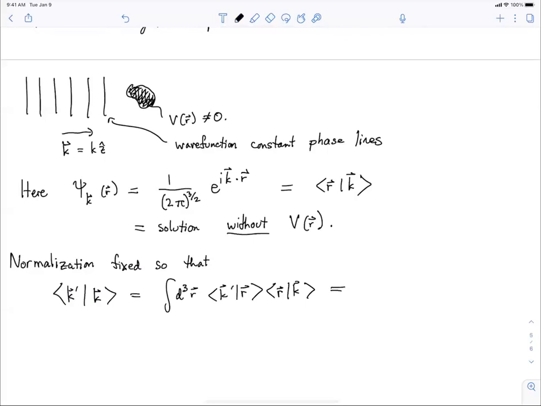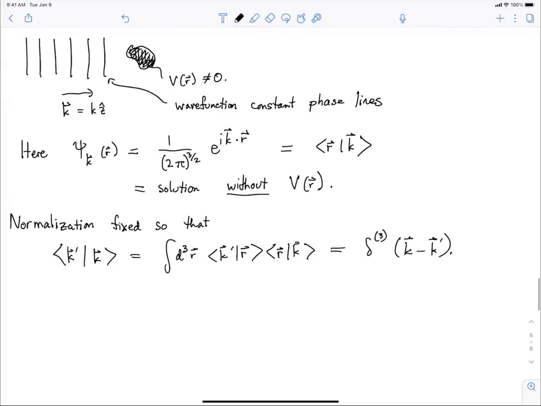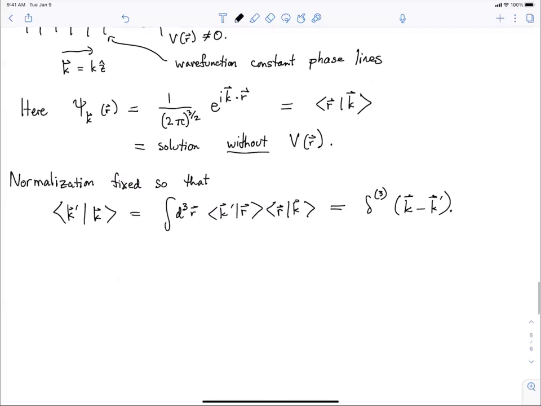And so this is nothing other than a three-dimensional delta function of k minus k prime. So that will be important later when we want to do calculations with these things. We have to know how to normalize the overlap between two different states like that.